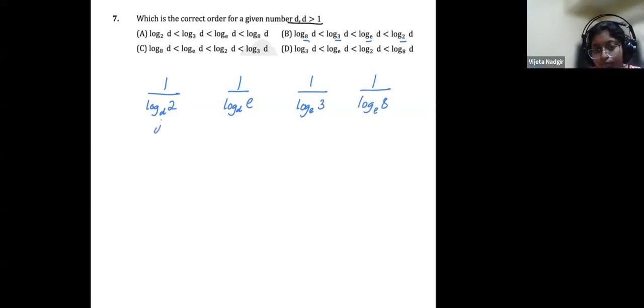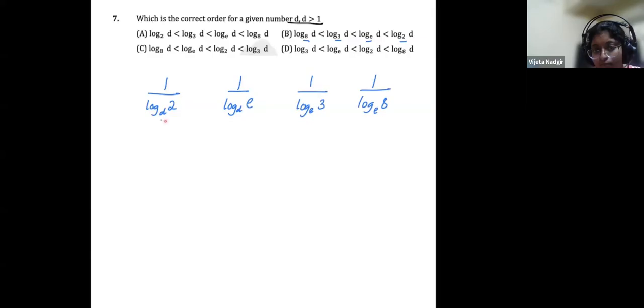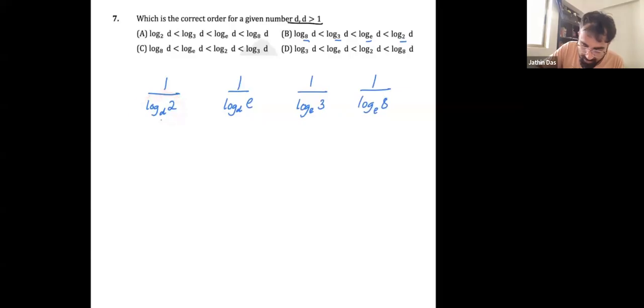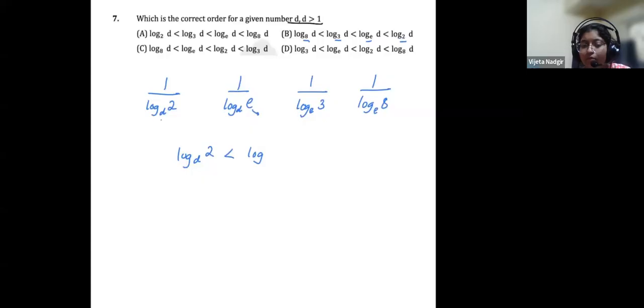Now, since d is greater than 1, log 2 will be less than the next, because e value is 2.71.